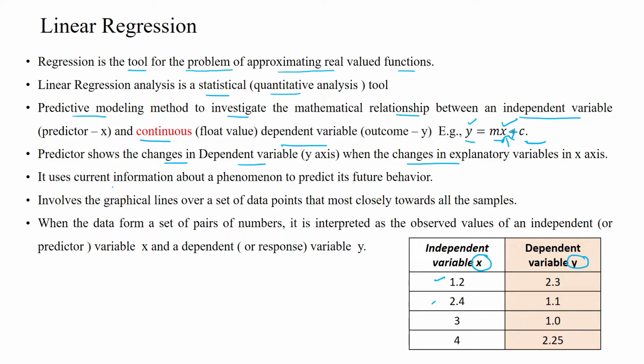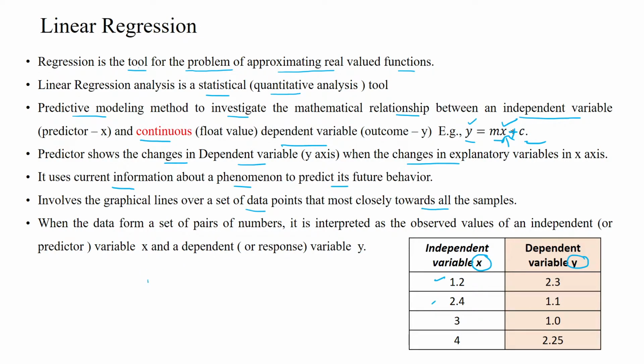It uses the current information about the particular phenomenon to predict its future behavior, which involves graphical lines like a scatter plot over a set of data points that mostly lie close to all the samples.